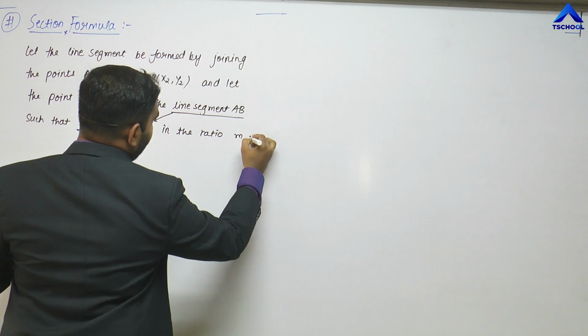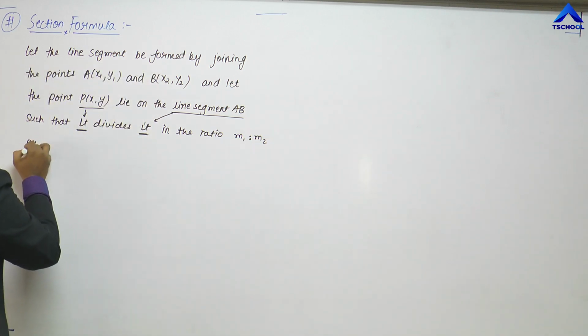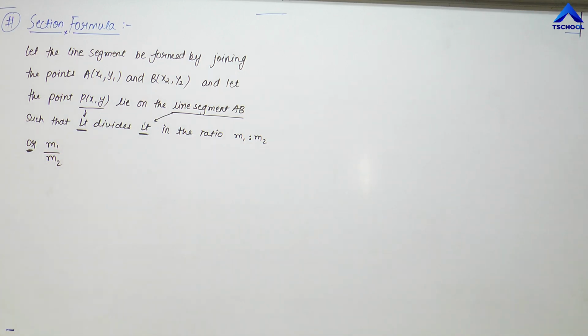Ratio m1 is to m2, or you can also write it as m1 upon m2, right? This is the first assumption that we are going to make for finding out the section formula.